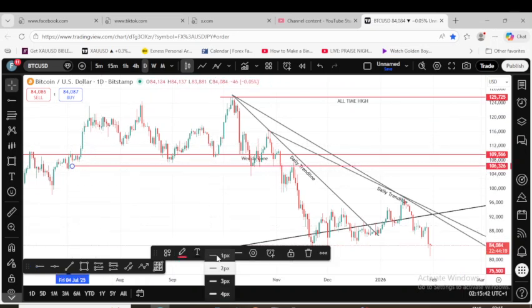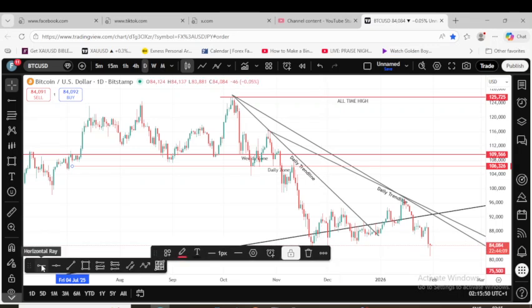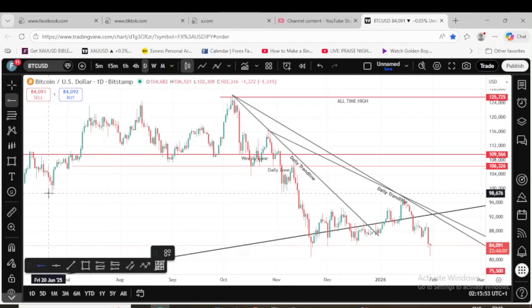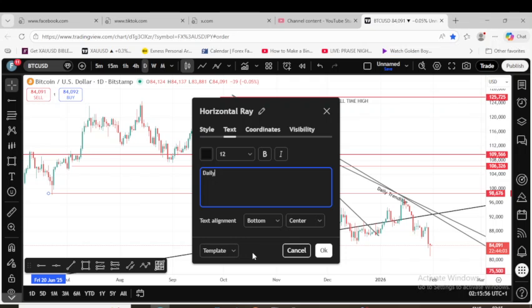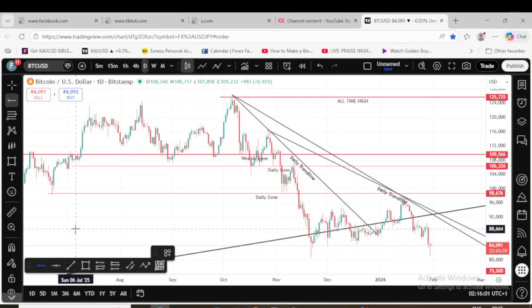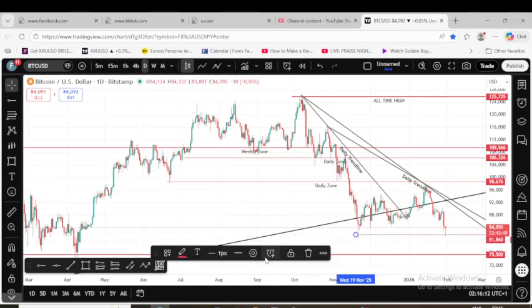First of all, switch to 1 pixel. We have a daily zone here. We have another daily zone here. There's a zone here.